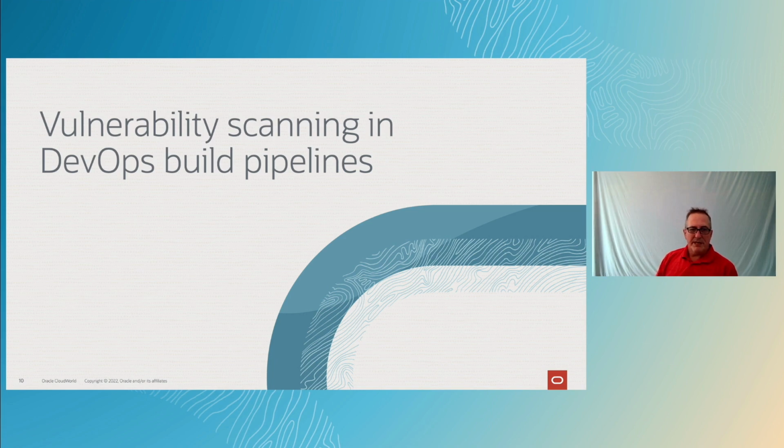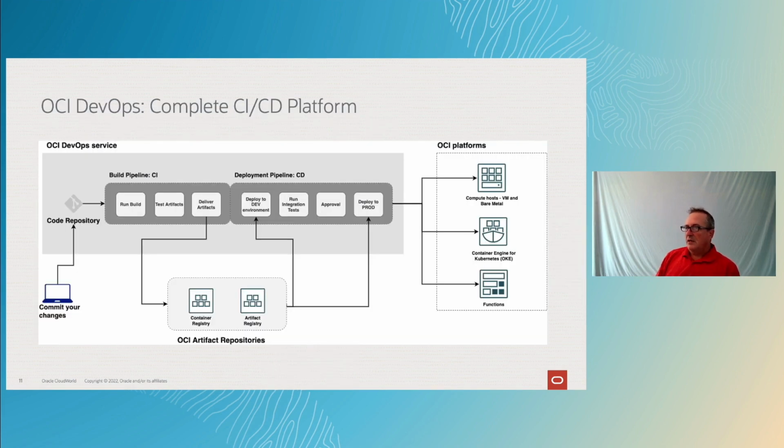In parallel with making this core functionality available for scanning your dependency graph, we've also built an integration with the OCI DevOps service. And here is what OCI looks like in its DevOps service as a whole.